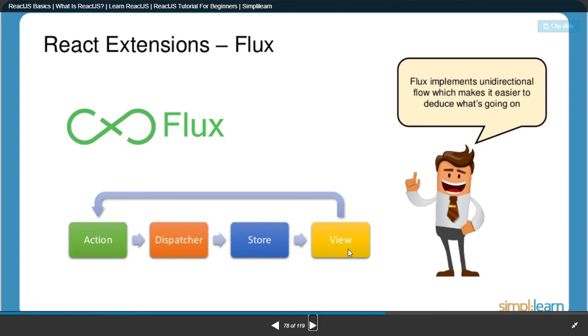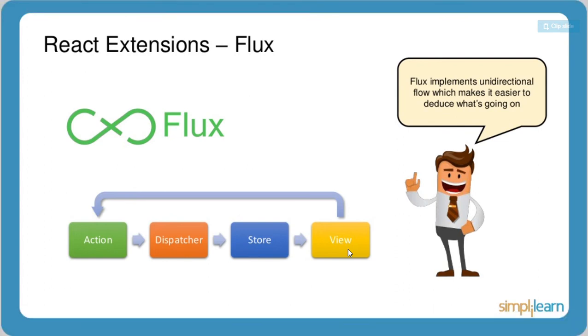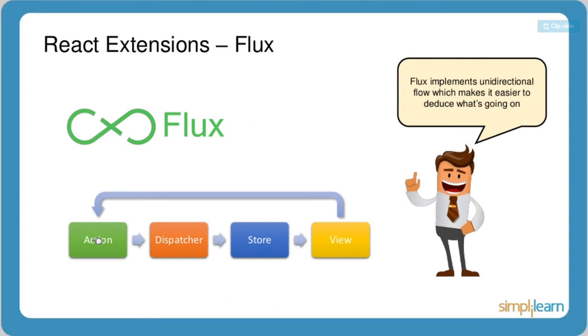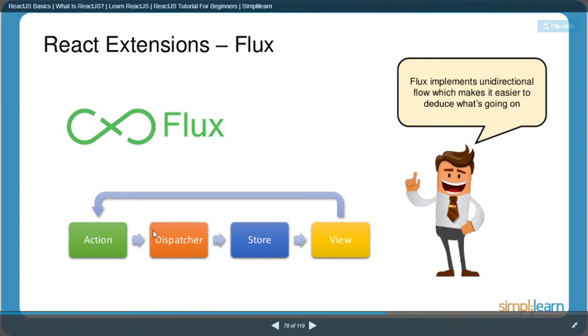Let us start from the view. From the view, I trigger an action. Consider that I'm updating some value via this action. The action is dispatched, and it helps store the updated value in the store. Again, the store gives the value to the view.